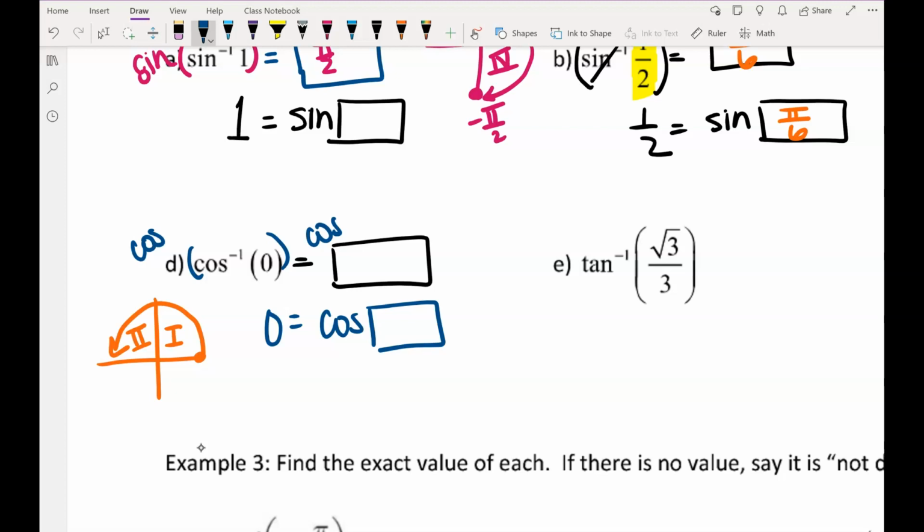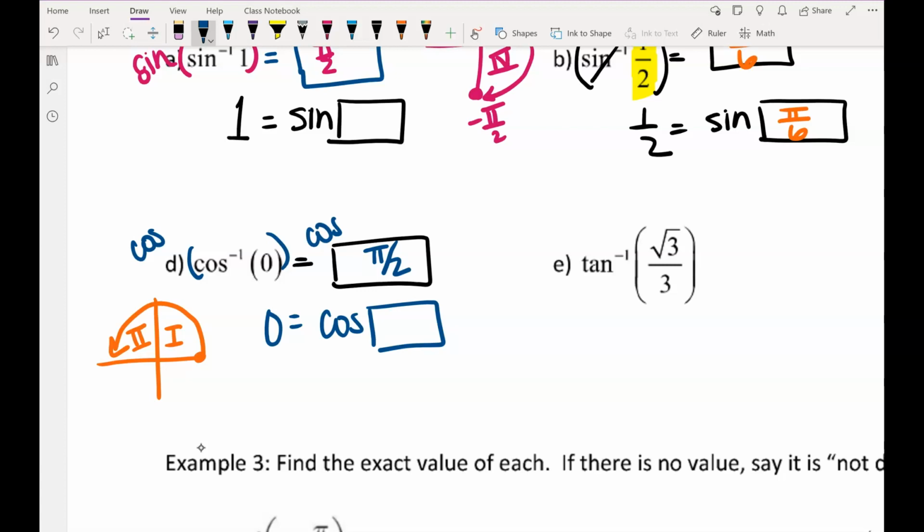What is it? Pi over 2, Ray just said. Agree or disagree? Yeah. So that's how we think of it. Right? Cosine of pi over 2 is 0. Right, guys? So how important is the unit circle? Super. Because you can't do this without knowing the unit circle super fast.